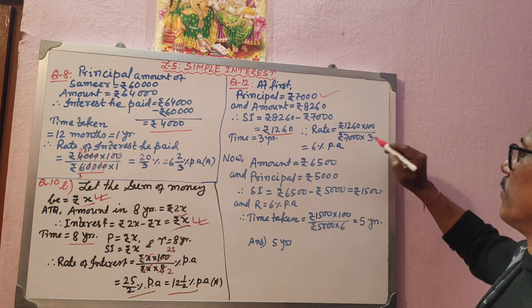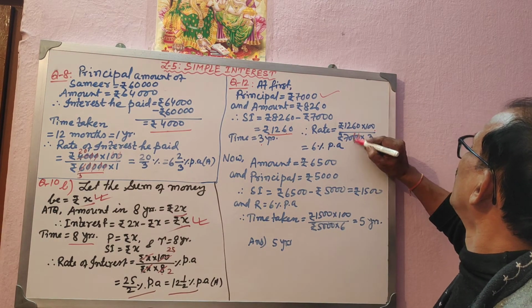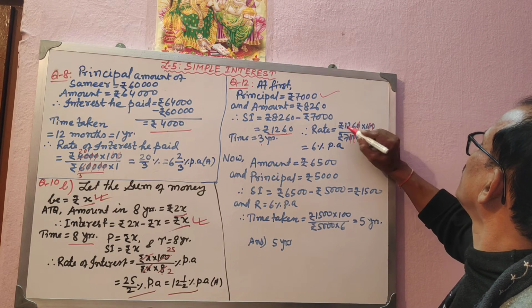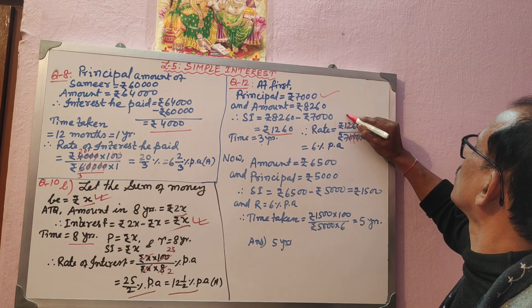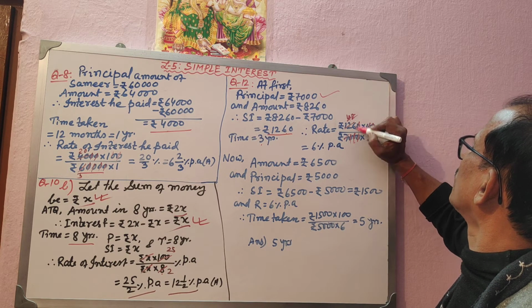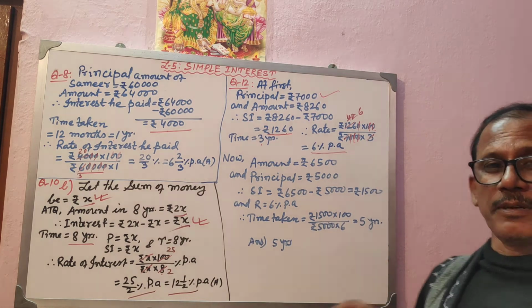If you simplify this, you find 6% per annum is the rate percent. How? This 0 will be cancelled, this 0 also will be cancelled. Then divide to get 42: 3 fours are 12 and 3 twos are 6, and 7 can cancel 42 and it becomes 6. 7 sixes are 42. So 6% per annum is the rate percent.